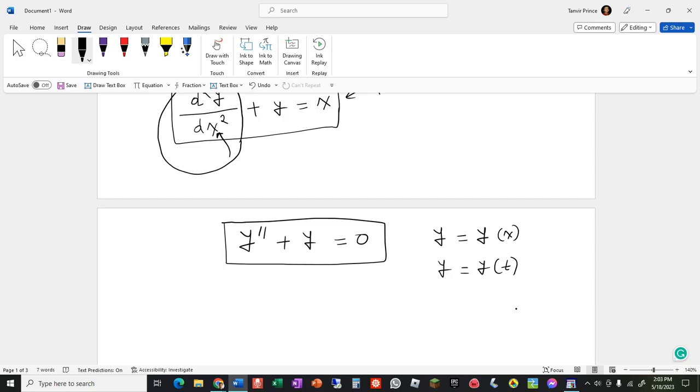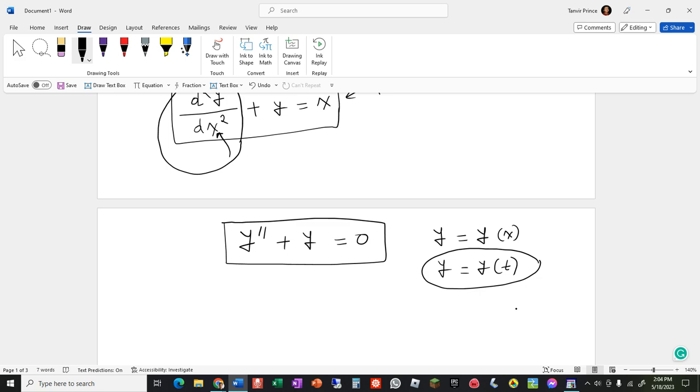You can choose any independent variable you want. Many times we use y of t, and we use t as the independent variable because the independent variable often represents a real life situation, and typically it is time. So we use t many times. So t or x, we're going to stick with that.